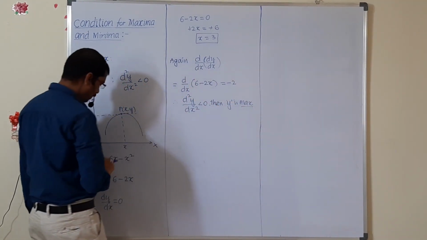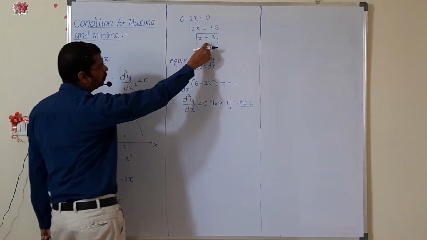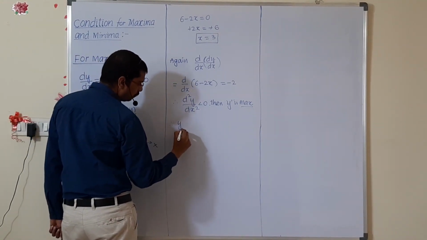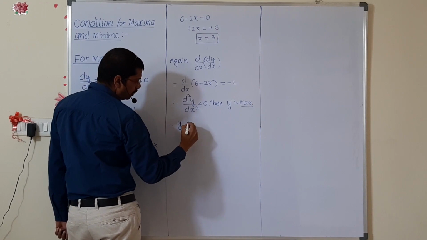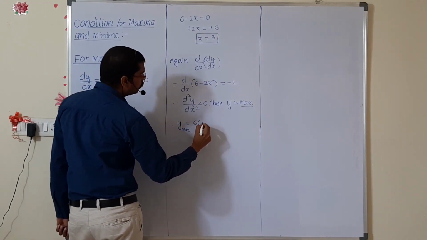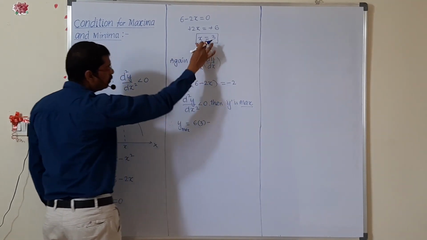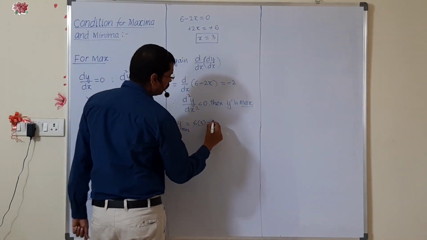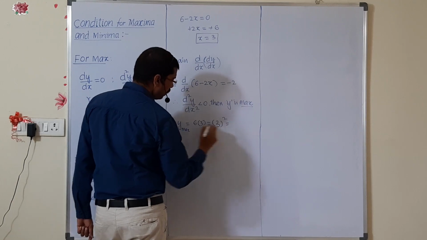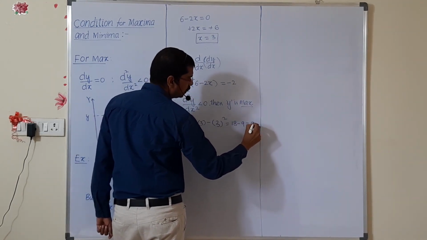Now these values are substituted in the y equation, to find the maximum y. y is 6 into 3 minus, x value is 3, that's why I am substituting x, 3 whole square. Now what will happen? 18 minus 9. This value is 9.